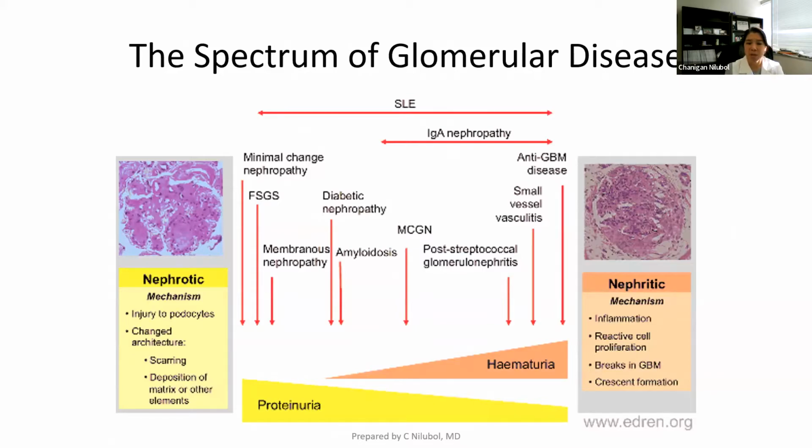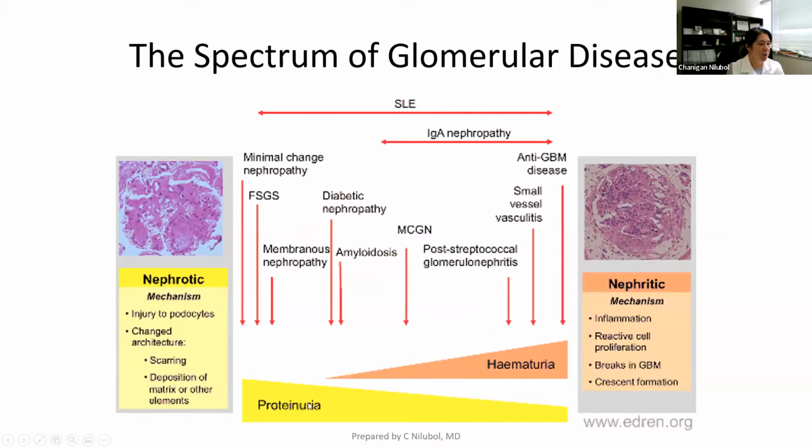If the patient comes in with heavy hematuria and some proteinuria, but not as massive, you might think about anti-GBM, small vessel vasculitis, post-streptococcal GN.